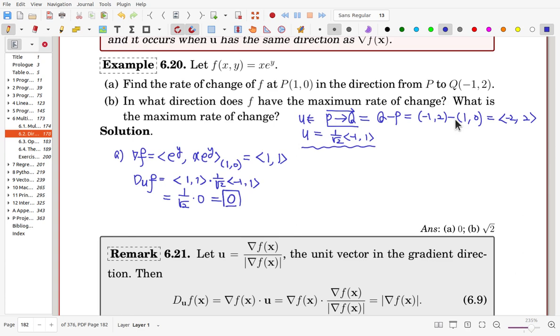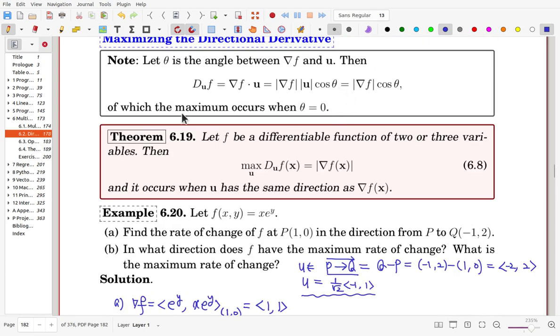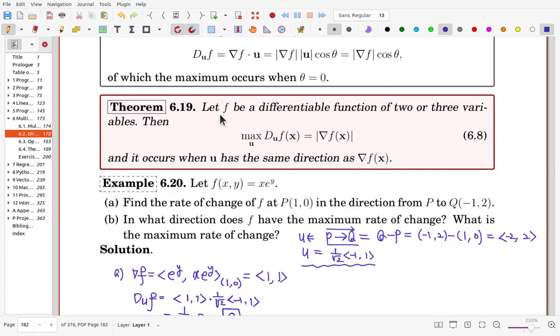But it's not necessarily flat in every direction. In what direction does f have the maximum rate of change? What is the maximum rate of change? From the theory, for the maximum of the directional derivative we have to choose the direction so that it becomes maximum. That happens when we choose the same direction as the gradient.